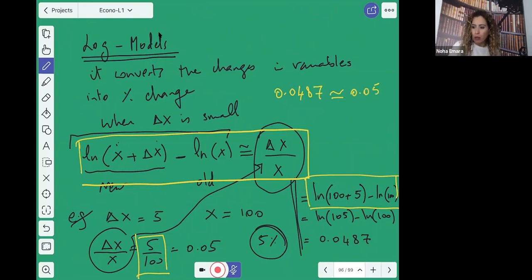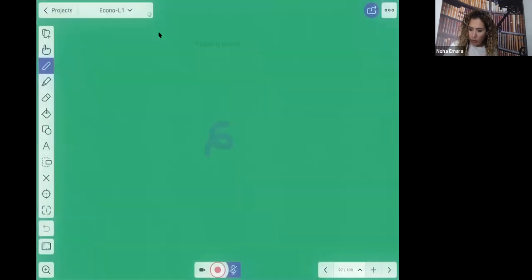So based on this topic, log models are used in order to approximate the changes in X into a percentage change. So it converts the changes into percentage change. Whatever you get out of this rule is approximately equal to whatever you get based on what you already know, which is the change in X over X. I'm going to write this formula again because this is very important, and we are going to use it multiple times in this topic.